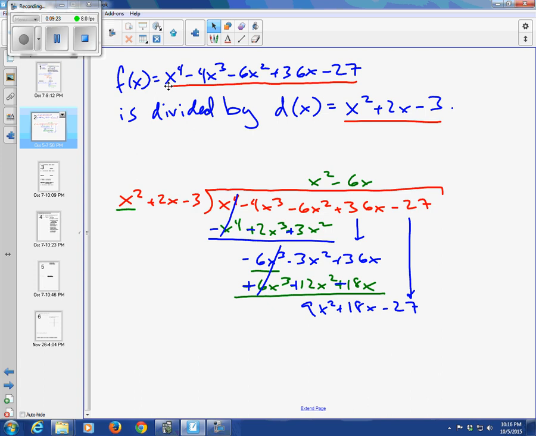And right here, we're looking to cancel out that 9x squared. So what do we need to multiply x squared by in order to get 9x squared? That is going to be 9, so we'd say plus 9. Then we multiply through by that 9, and we get 9x squared. And then 9 times 2x is going to give us plus 18x.